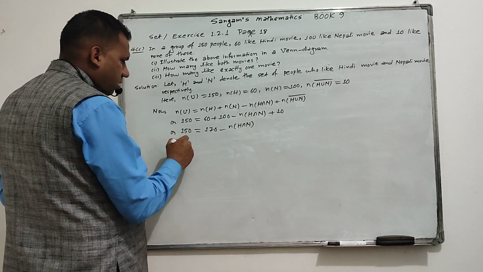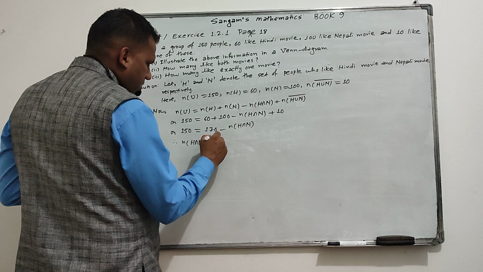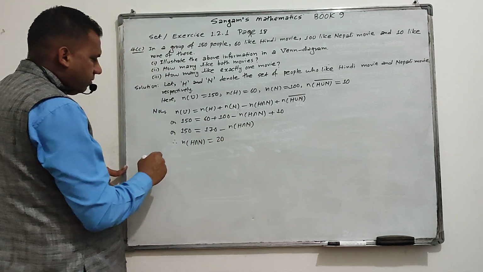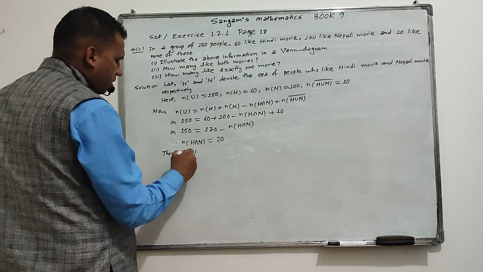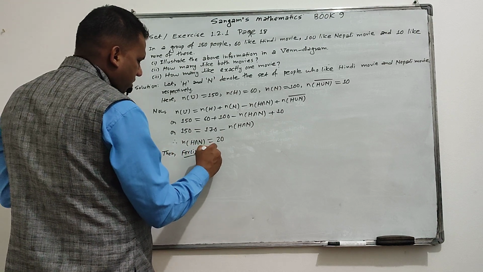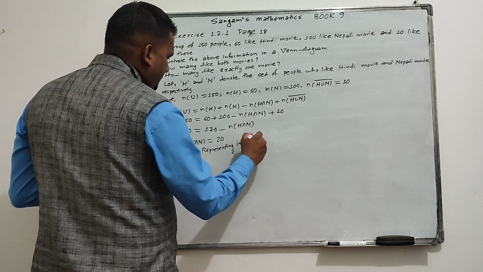Therefore, n(H intersection N) equals 20. Then for (i), representing in a Venn diagram.